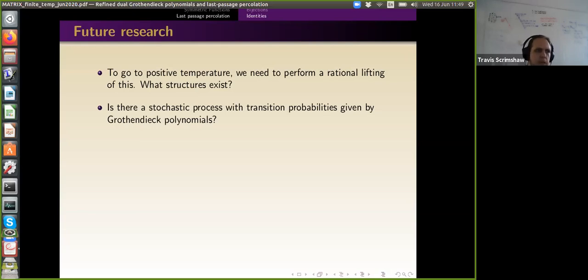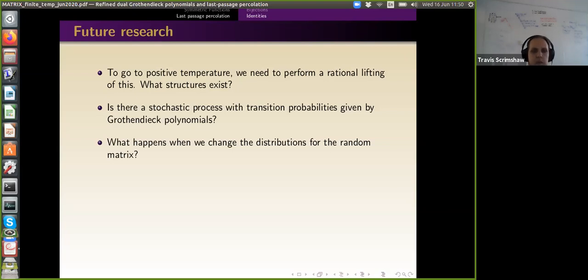Then on the other side, we had the Grothendieck polynomials. I would be curious to know what kind of particle process we could get by using the set valued tableau, and could we get something interesting from that from a probabilistic point of view, and then be able to derive some additional identities from that.